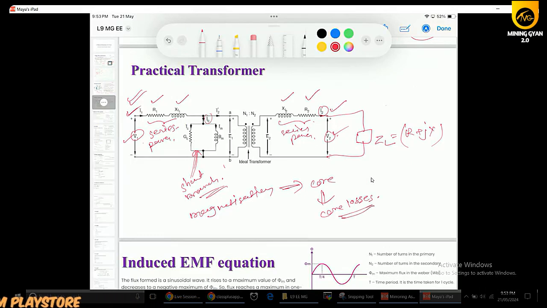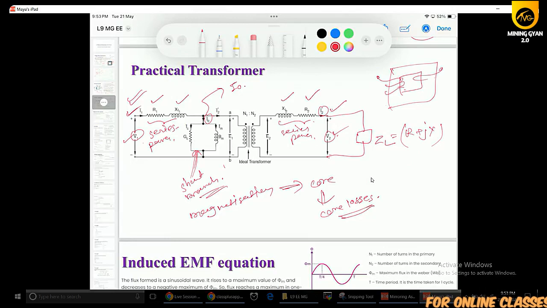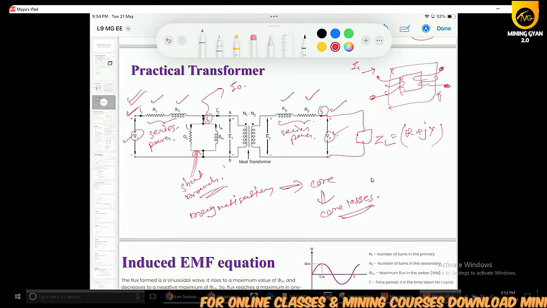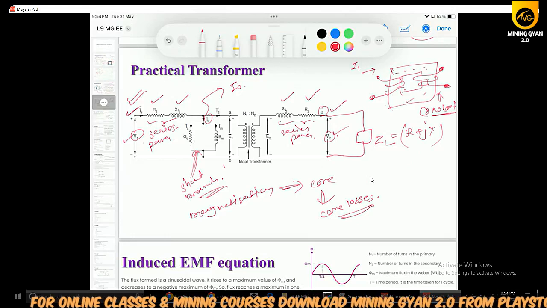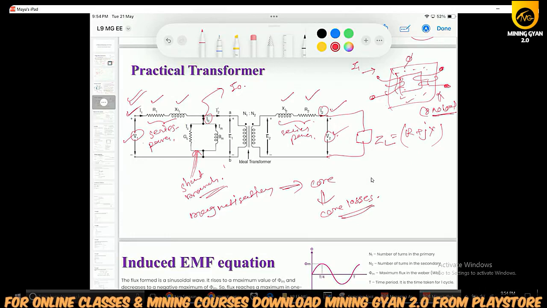I0 is called the no load current, because in order to set up the flux through this iron core, we need a small amount of current I0 at no load, when the load is not connected. At no load condition, first of all, we have to magnetize this core in order to set up a sufficient amount of flux, and that is called phi naught.